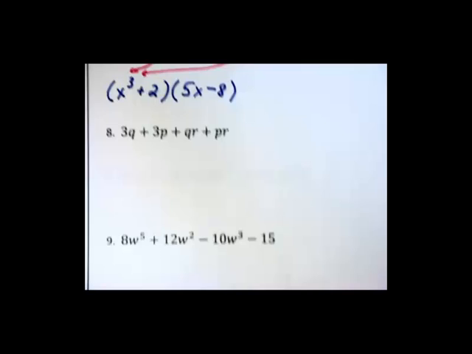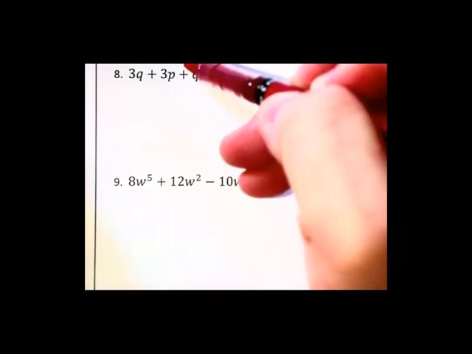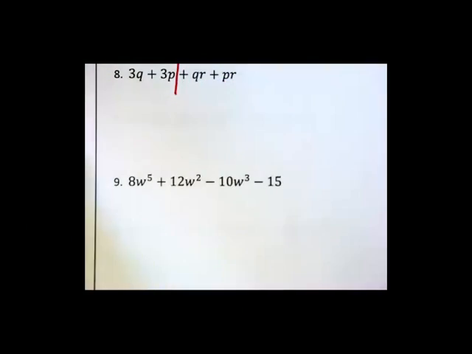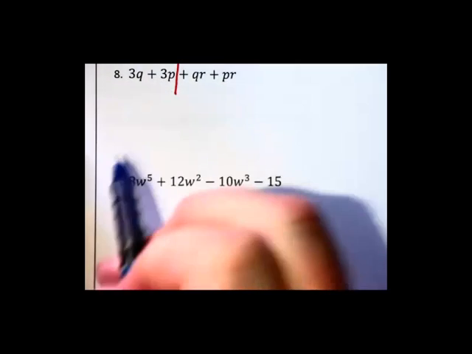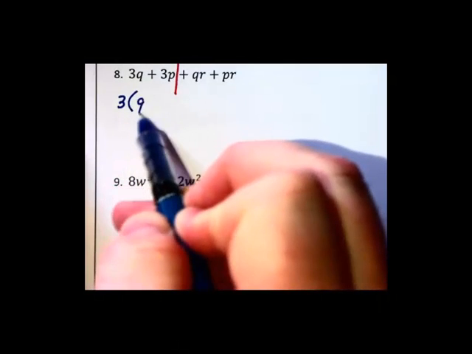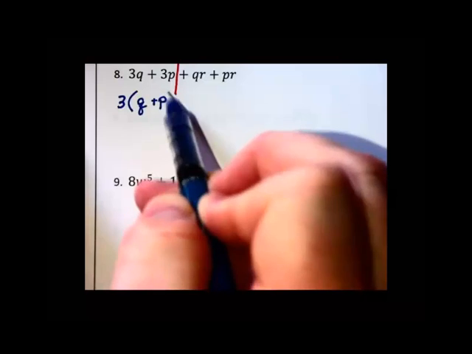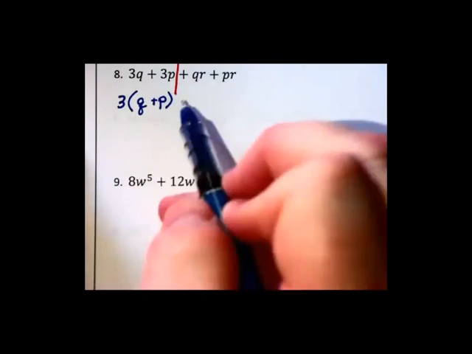Now, moving on to number 8. It looks different. We see 4 terms listed here, and usually when we see 4 terms, that's a clue that the factoring method by grouping works. I'm going to split this problem right down the middle, and note that in the first 2 terms there's a 3 in common. I'm going to factor that 3 out, leaving q plus p. And now to the second half of the problem, I notice there's an r in both terms.